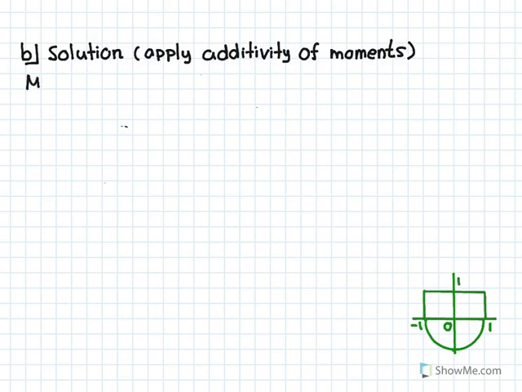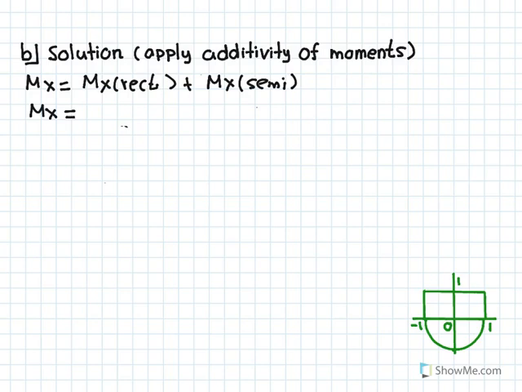The moment with respect to the x-axis is equal to the moment with respect to the x-axis of the rectangle plus the moment with respect to the x-axis of the semicircle at the bottom. By the formula, the moment of the rectangle is going to be the mass of the rectangle times y bar of the rectangle.